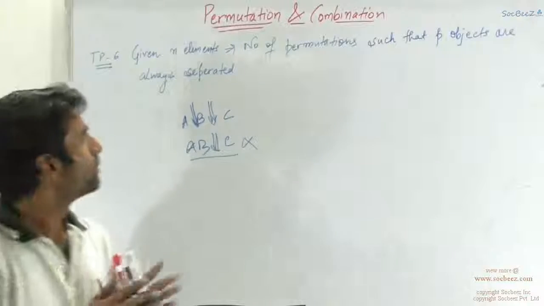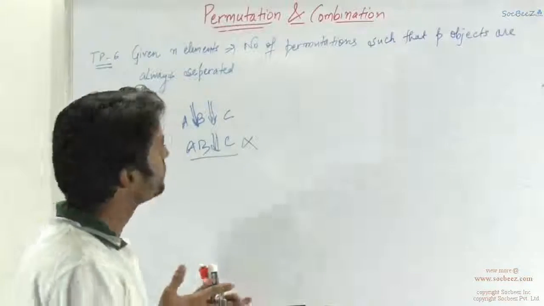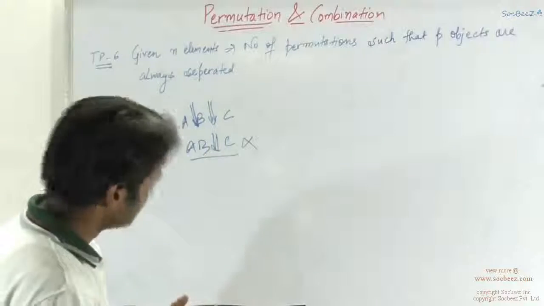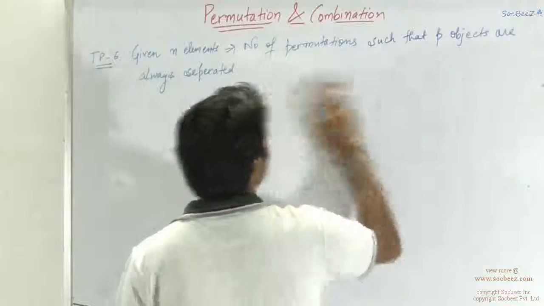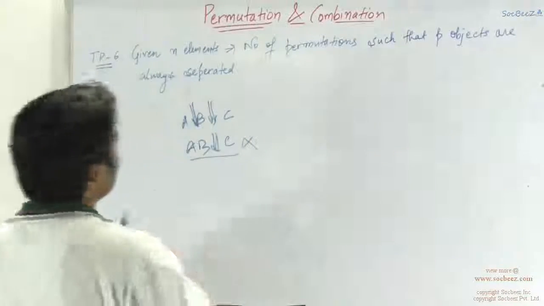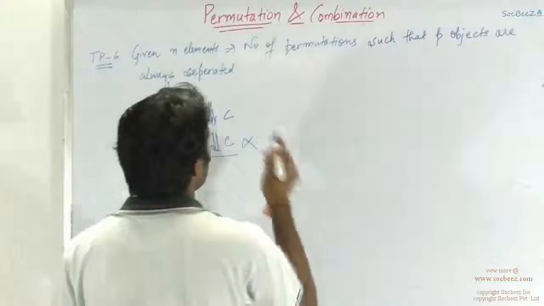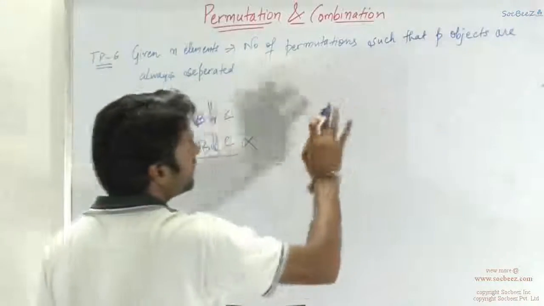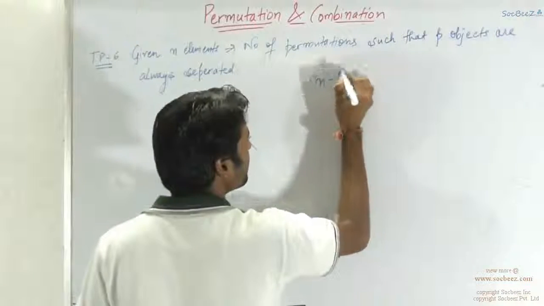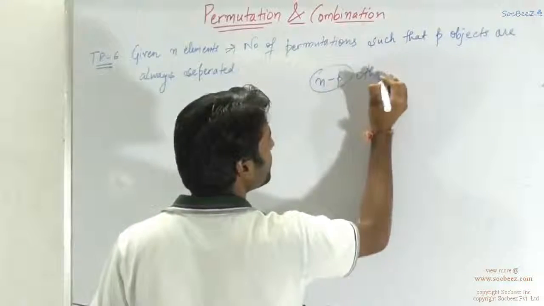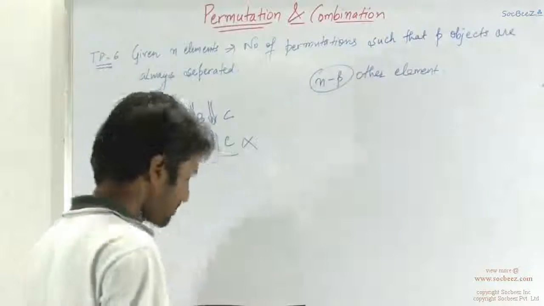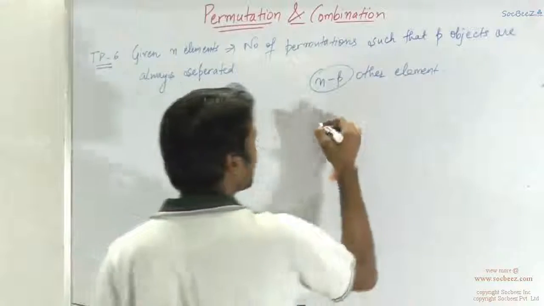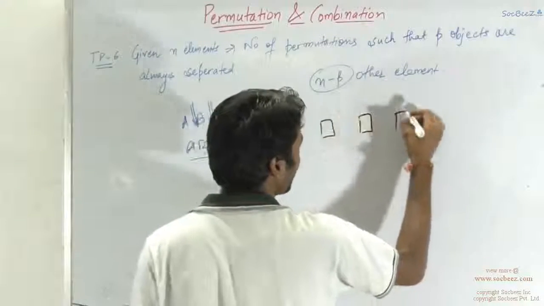So in this case, basically, you can choose this in a way such that let us say you had n minus p elements. Okay, so these were the p elements that wanted to be separated. So there are n minus p other elements which don't hold any such property. So you just place these n minus p blocks.